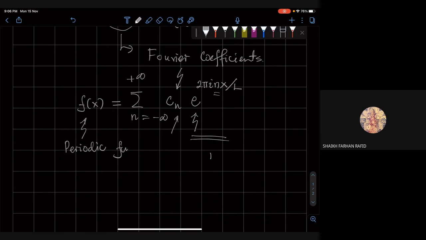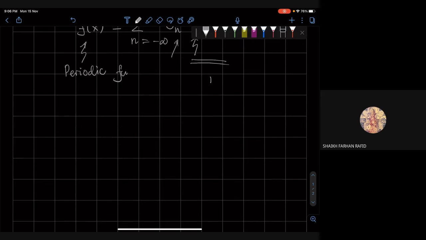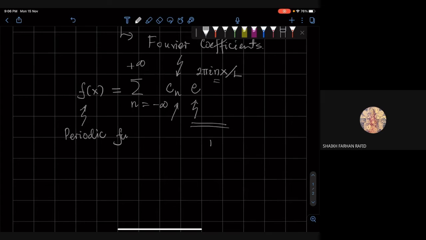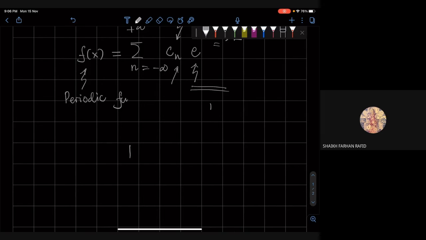So a0 is the constant part. It's just a convention. You can always redefine a0 to be twice a0 and the half would go away. Okay, got it.